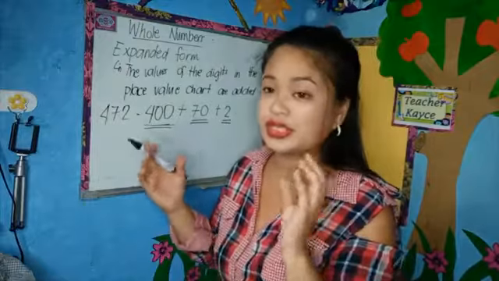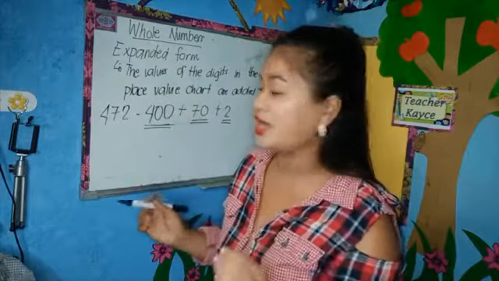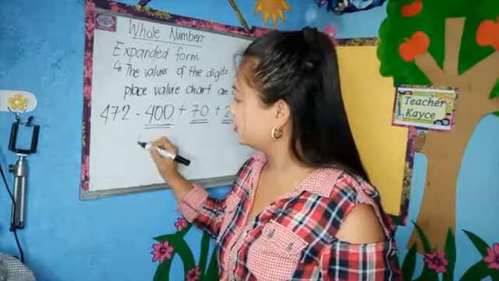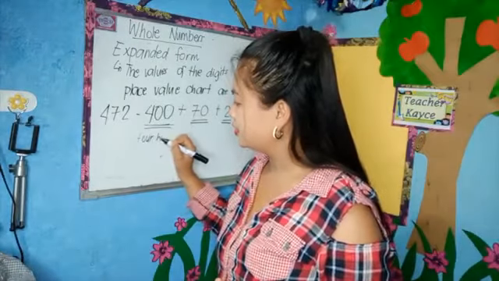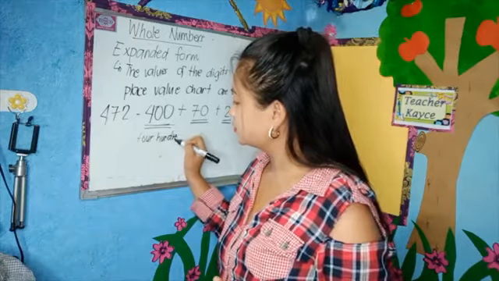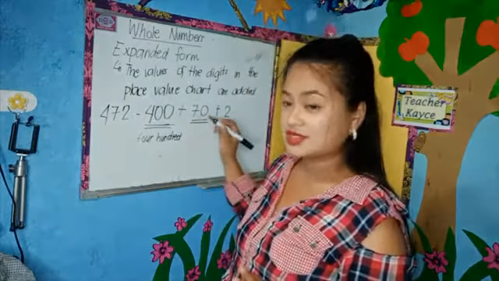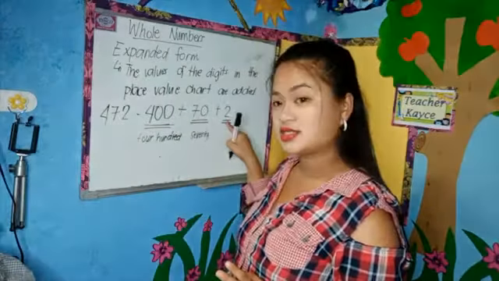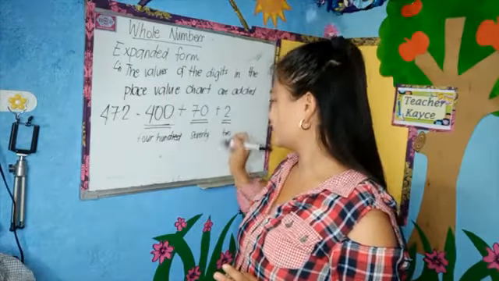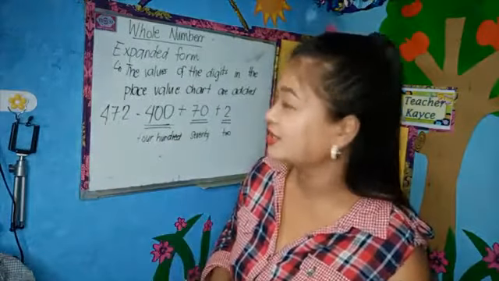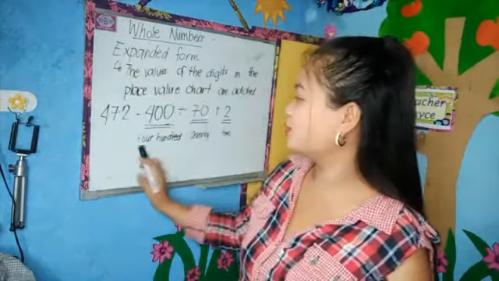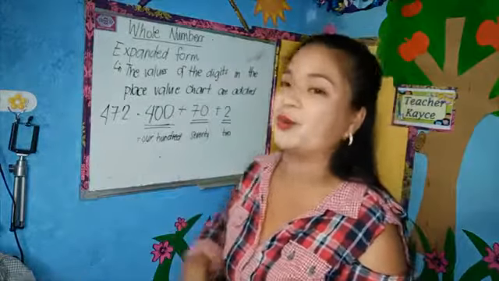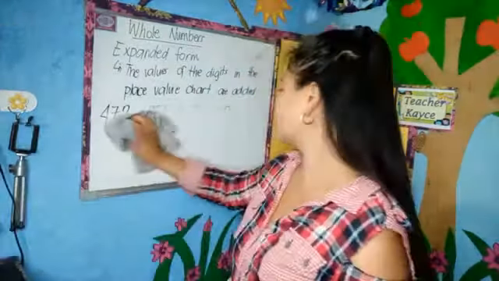So if you are going to read it in an easier way, expand them, and we will have 400, this is 70, and this is 2. So in your expanded form, 472.